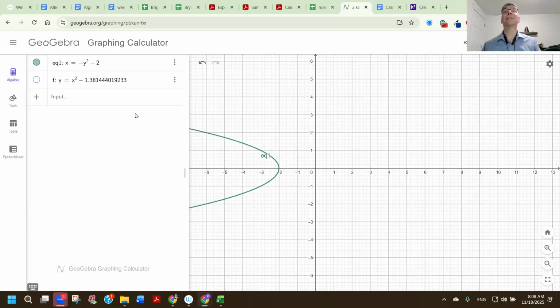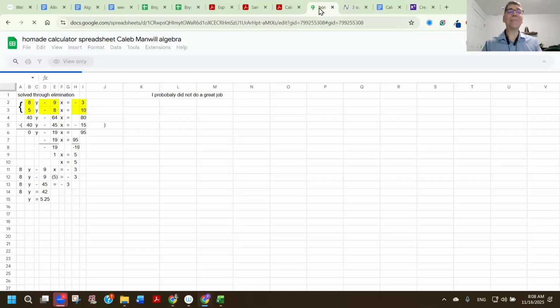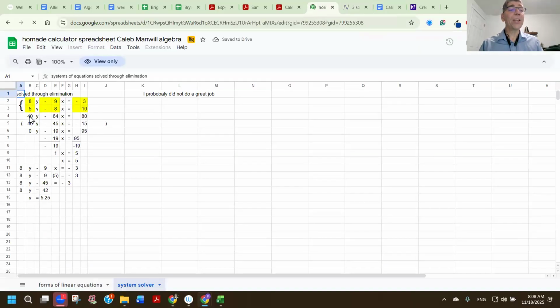Interestingly enough, if you change the sign on the quadratic term, then it goes the other way. The same thing happens, of course, with the other one. But let's not mess things up here. And you had here an attempt on the spreadsheet.